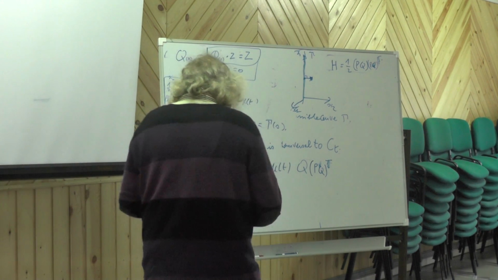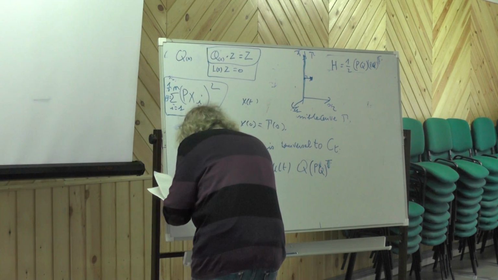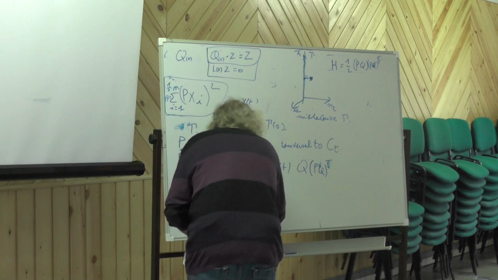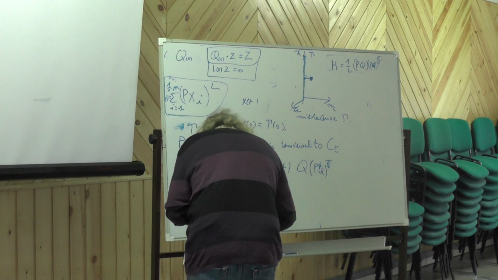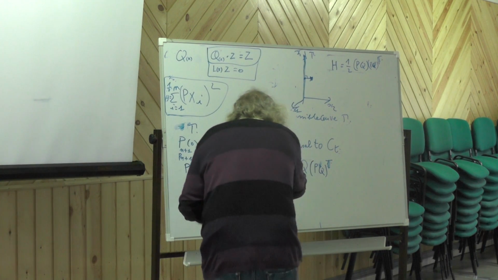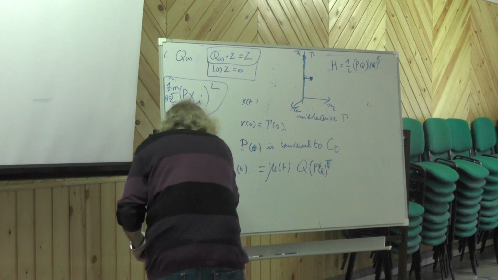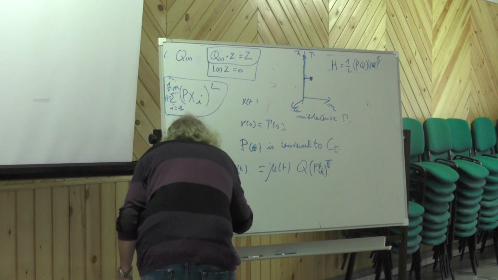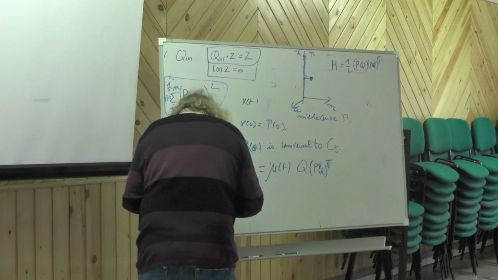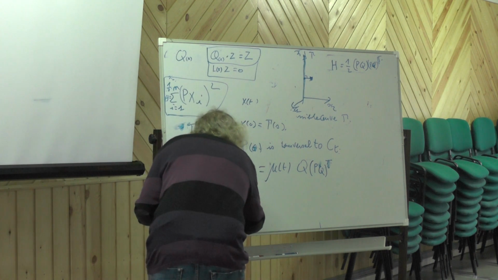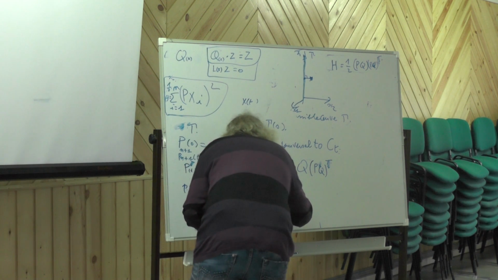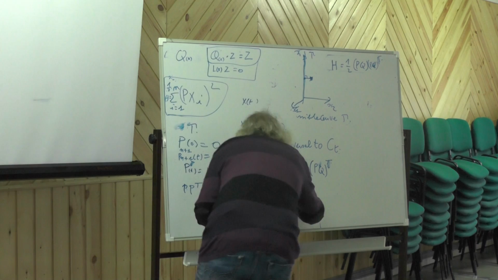And then I have that P transpose is equal to mu z dot, mu q PQ transpose, sorry, and then PP transpose, which is a scalar, and this PQ transpose is equal to mu PQ transpose, like that.